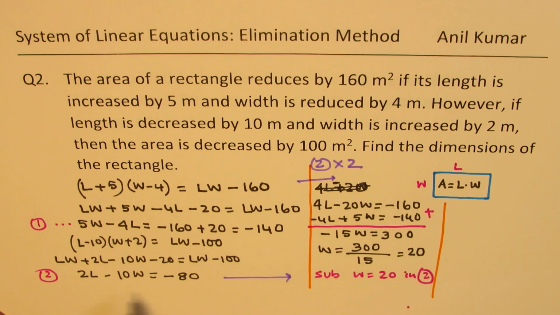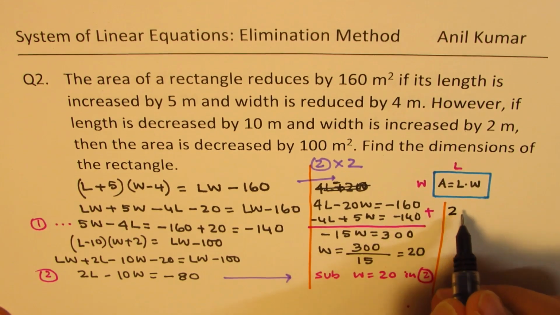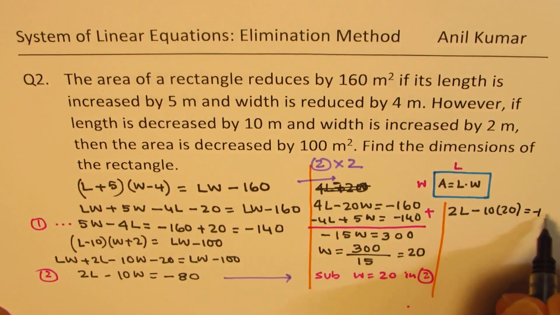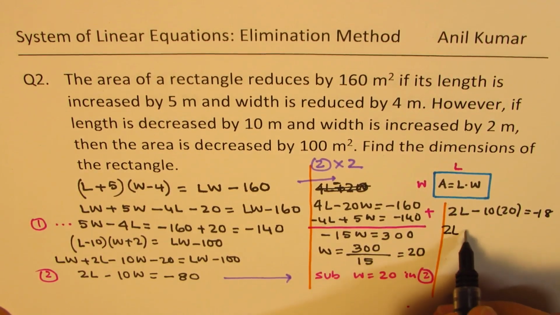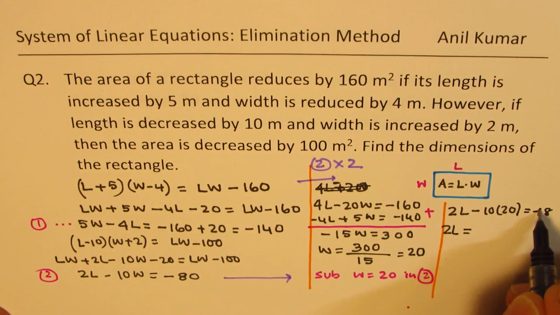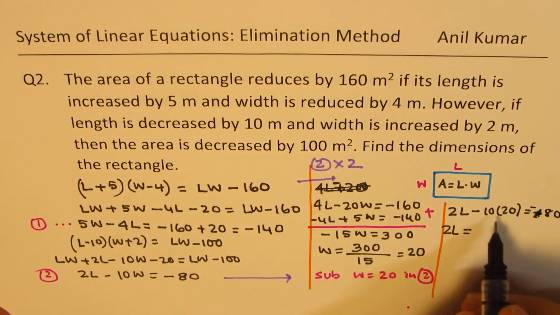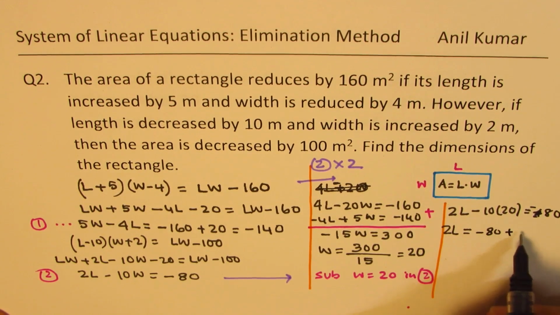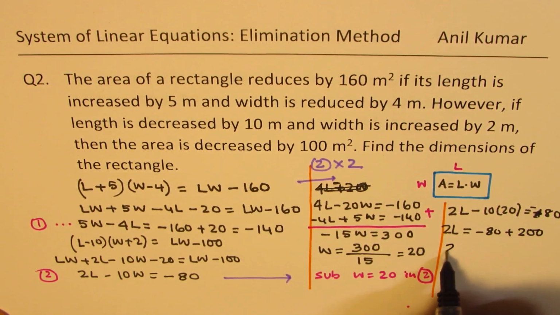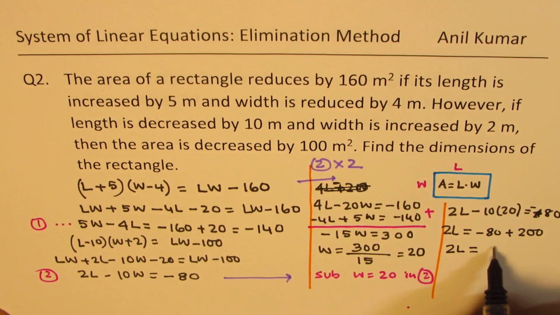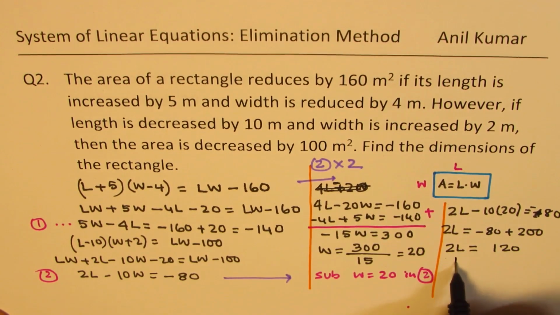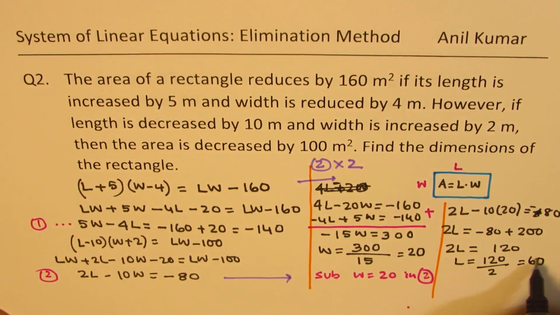So substituting 20 in equation number 2, we get 2 times length minus 10 times 20 equals minus 80, or 2 times length equals minus 80 plus 200. So we get 2 times length equals 120. So the length is 120 by 2, which is 60.